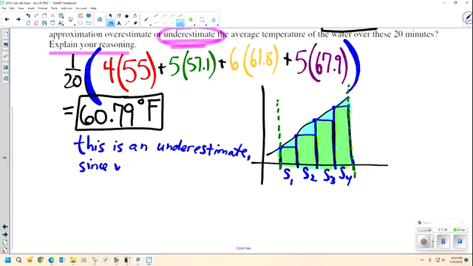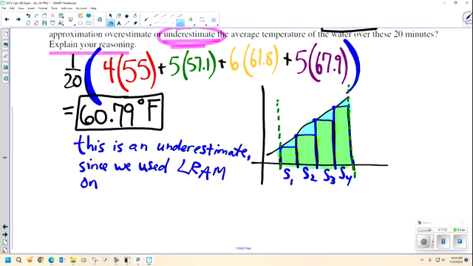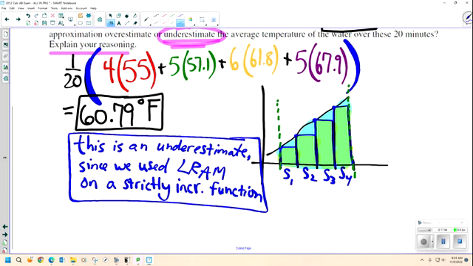Since we used LRAM, or you can say a left Riemann sum, which is the words they used, a left Riemann sum, on a strictly increasing function. That explains exactly why. Now, if that function would have been decreasing, that would be a different story, but it states that it's strictly increasing. All right? 1C, done.